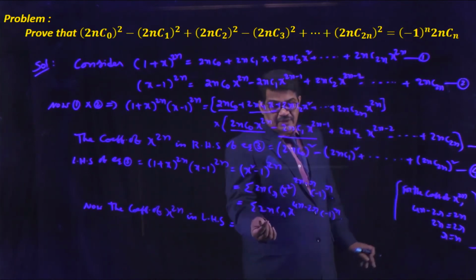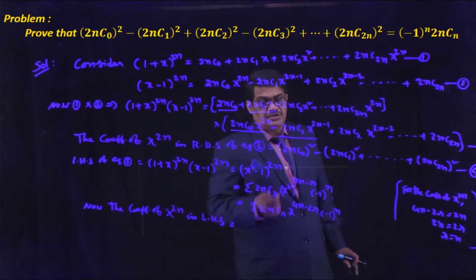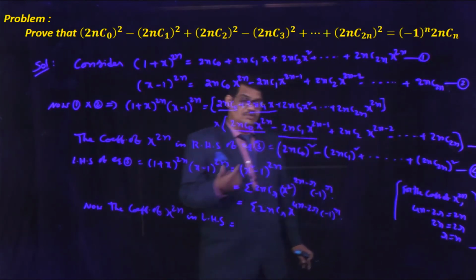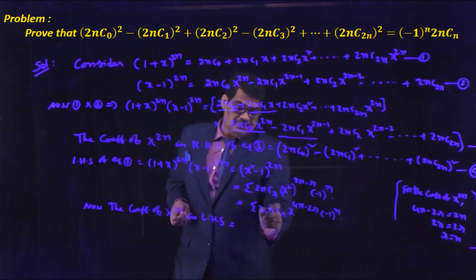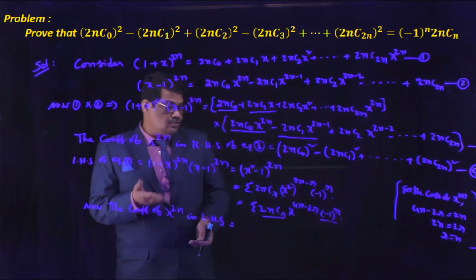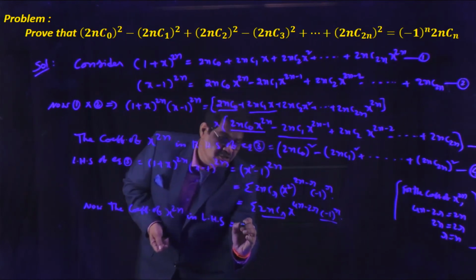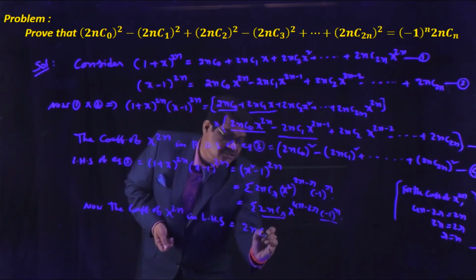So in this expansion in the LHS, what is the coefficient of x to the power of 2n? That is the coefficient, in which r is equal to n. We take r is equal to n and write 2nCr with r equal to n.